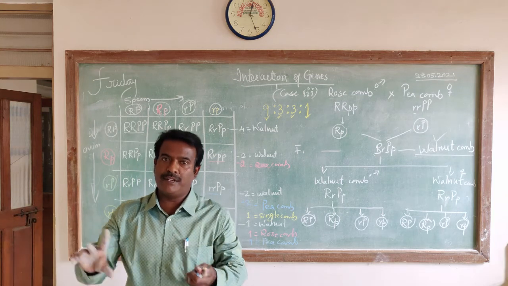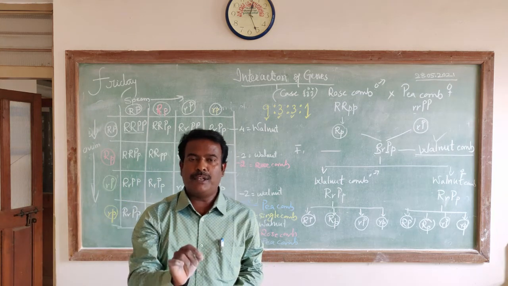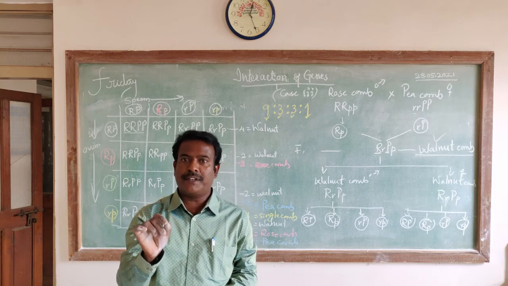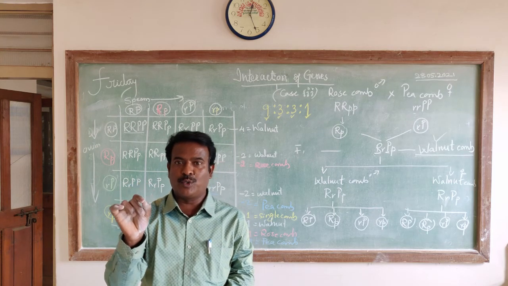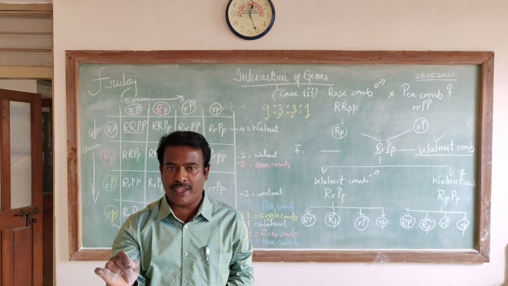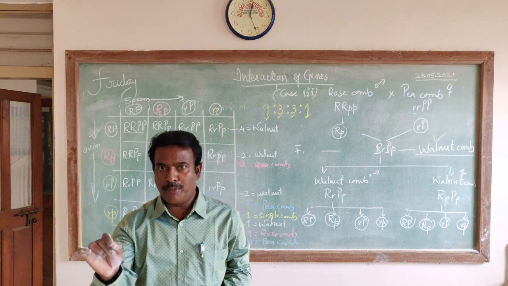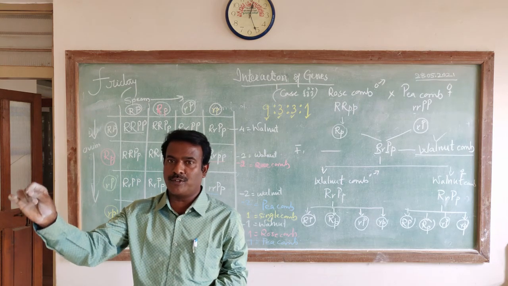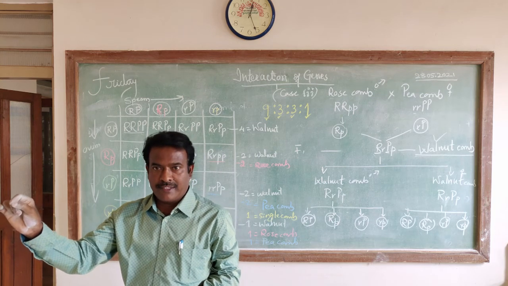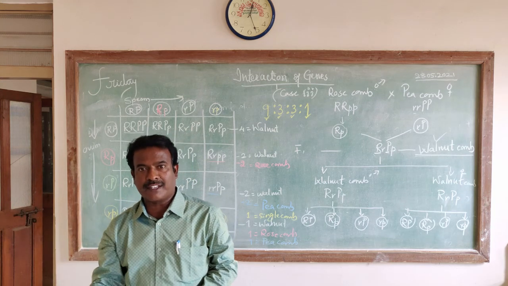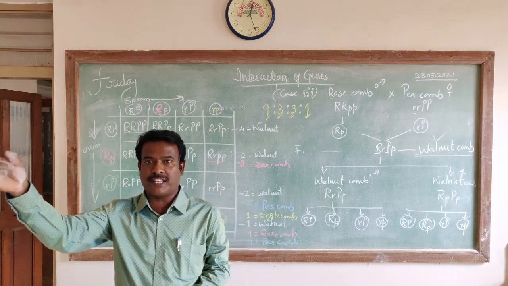That is supplementary factor. Again I repeat, supplementary factors or the supplementary genes are the 2 dominant genes where one dominant gene expresses its respective phenotype and the second dominant gene by interacting with the previous will modify its expression.